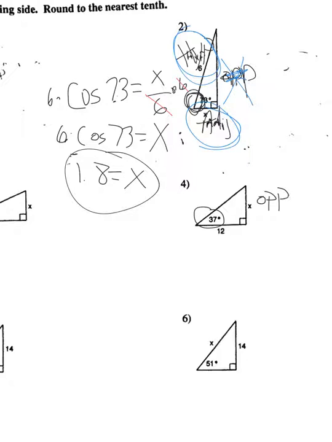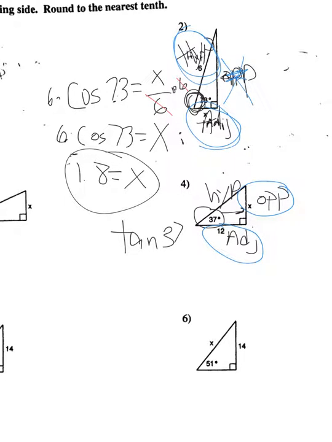Label the sides. Opposite is across. Hypotenuse is the long one across from 90. Adjacent means next to. And then you decide, okay, I have x at the opposite. The number length is on adjacent. Opposite over adjacent. For number 4, you would set up with tangent, because tangent is opposite over adjacent. Okay? So this was the homework from a couple days ago, but hopefully that shows you how to do it.